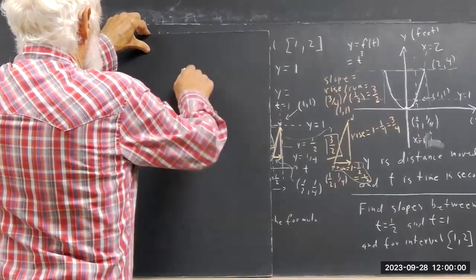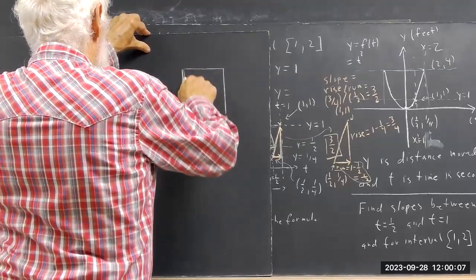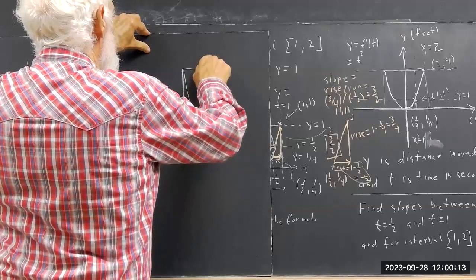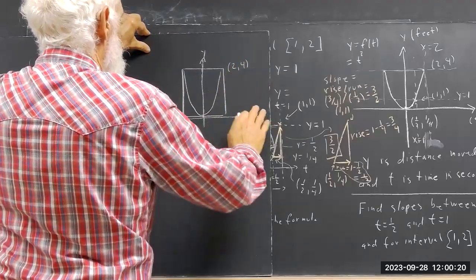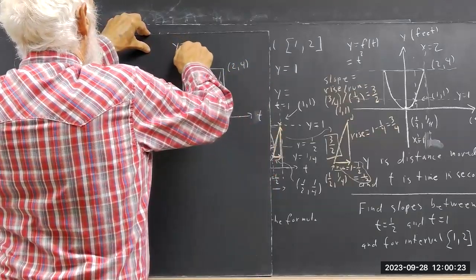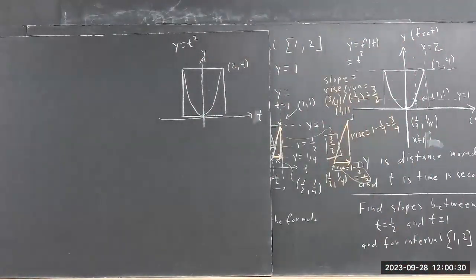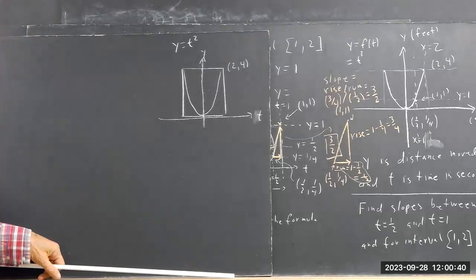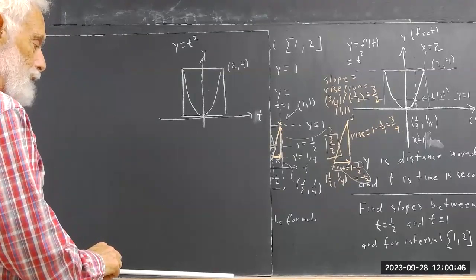So I'm going to draw my original picture here. And we're going to go back to what I demonstrated, that this graph represents motion of something that moves 1 foot in about 2 seconds at a uniform acceleration.